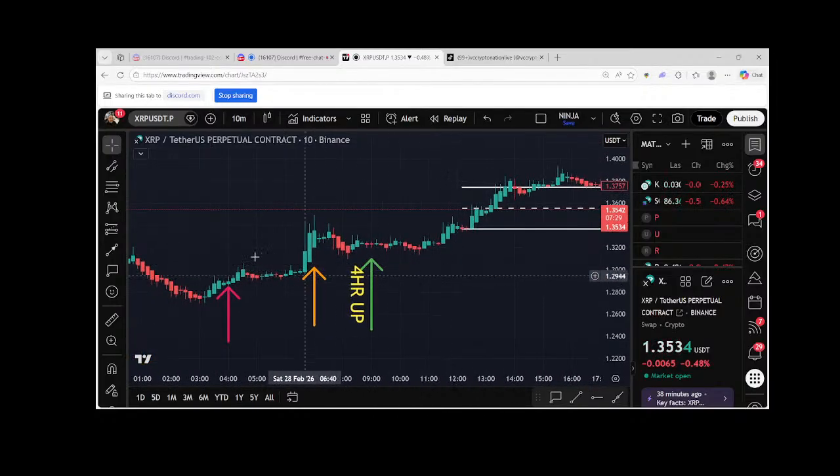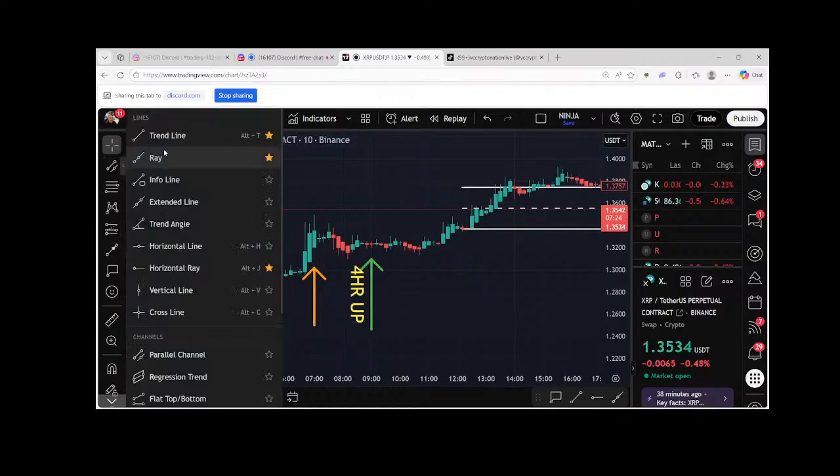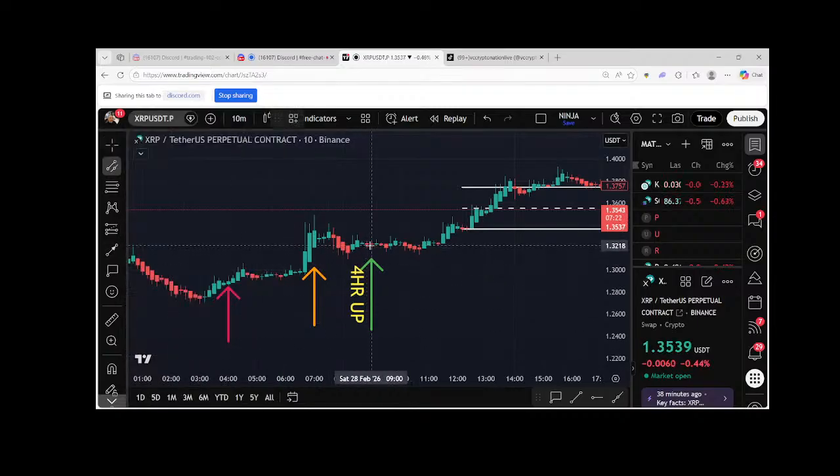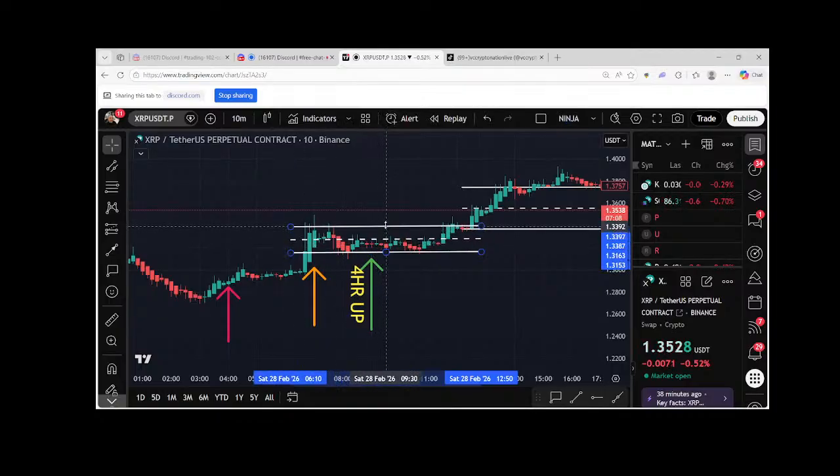So now all I have to do is, once we have that strategy happening, right, we can turn around, grab a parallel channel. We would be somewhere around here. And during the 10-minute, we would simply go, oh, everything's starting to head up. Let me draw my parallel channel. Let me see where this coin is currently, right? So when we draw this channel, we can see that we've had these moves where these wicks over here have hit these tops.